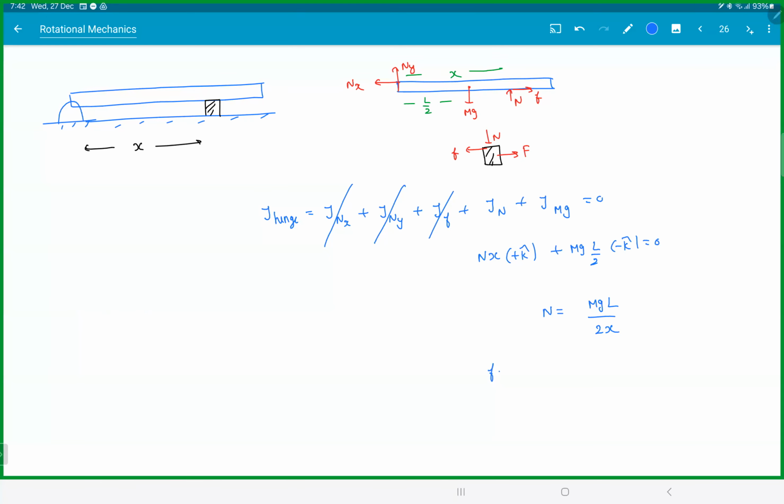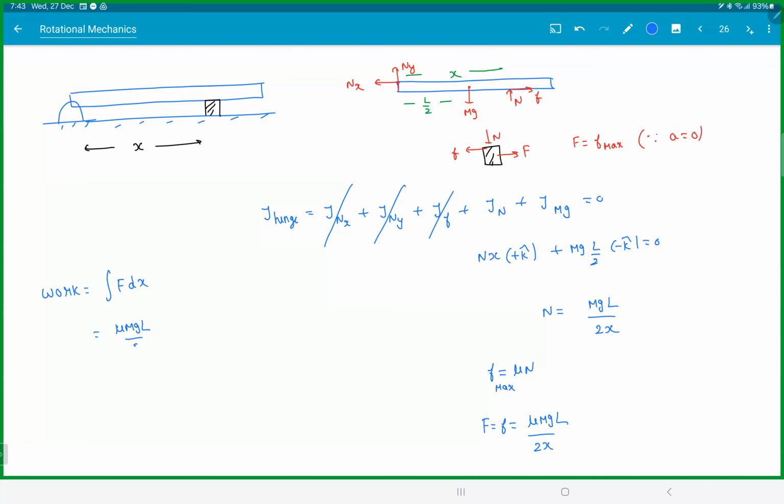So the friction will be equal to mu into N. It is maximum because it is slipping. So on this block, we get friction capital F is equal to mu into mg L by 2x. This is the force acting on the block since it is moving slowly. Since acceleration is 0, you're pulling the block slowly. Then you're done. The work done formula is integral F dx.